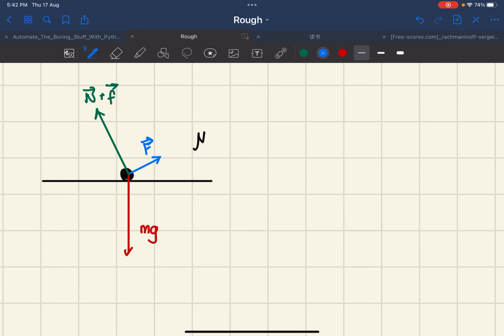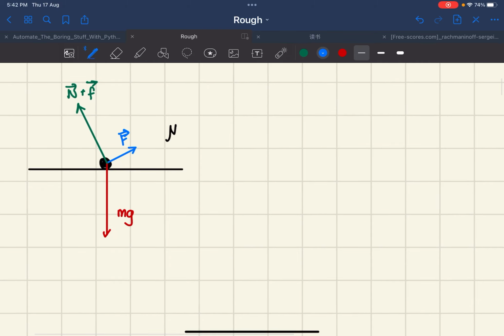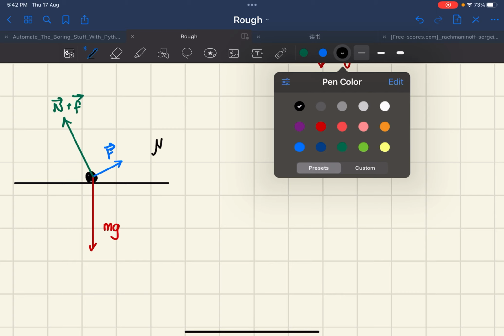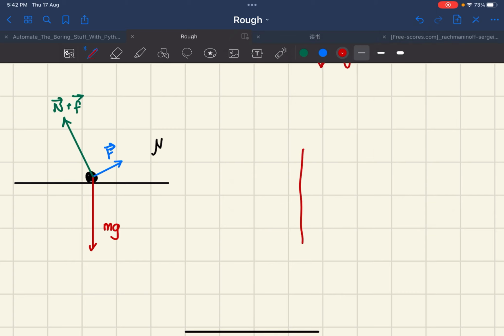Your friction will be enough to resist the motion. So since it is not accelerating, the net force on this object must be 0. Here's a vector diagram for it. All the forces should sum to 0.